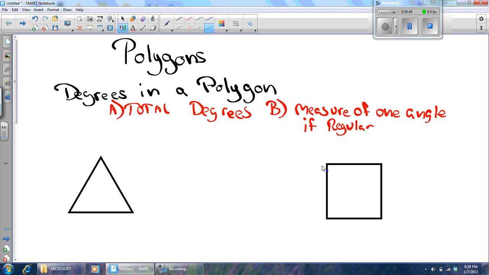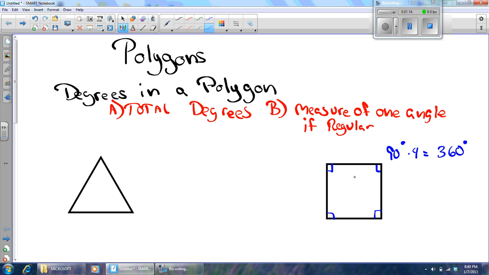Well, aren't there 90 degrees at each of the corners? Isn't that one of the characteristics of a square? If there's 90 degrees in each corner, right, 90 degrees times 4, because there's 4 of them, wouldn't that be 360 degrees? So a square has 360 degrees.